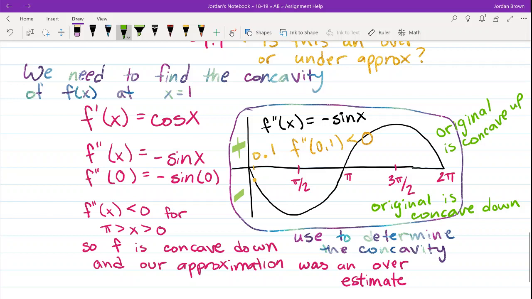Yes. Unless the graph you're looking at is the original function, you're going to do it by if it is positive or negative.